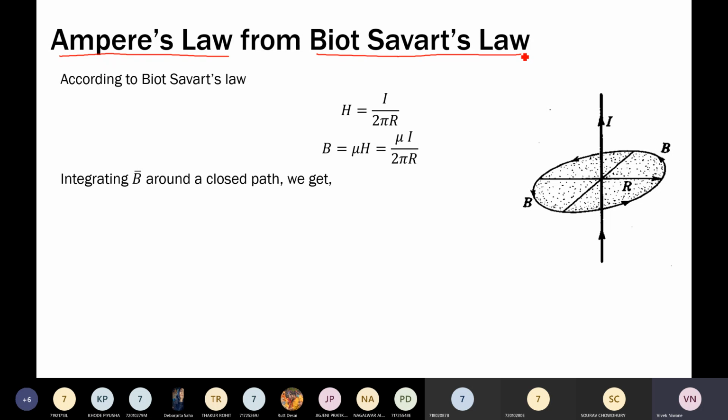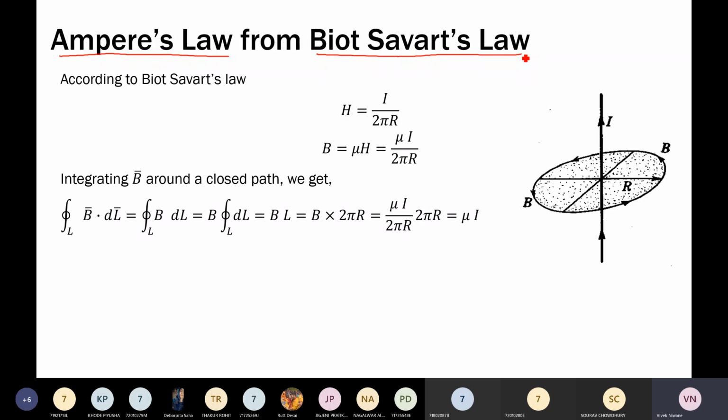Integrating B bar around a closed path, we get a big expression. Let us go step by step. We integrate B bar around a loop, and this loop is a closed loop. Very important, your loop has to be a closed loop. So B bar dot DL bar integrated over the closed loop. In terms of magnitudes, B into DL integrated over the same closed loop.